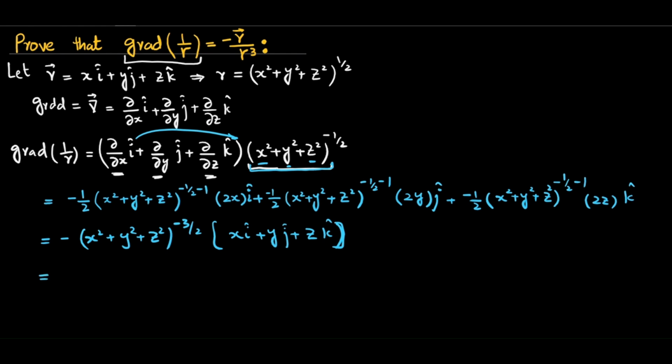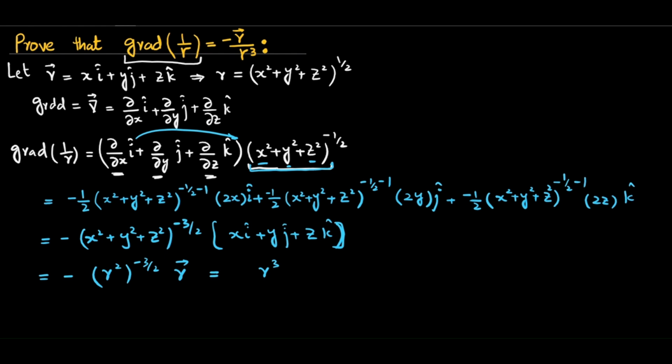This x square plus y square plus z square is r square, so minus the magnitude of r square to the power minus 3 by 2, and this whole xi plus yj plus zk is our position vector, r vector. This 2 and this 2 will be cancelled out.